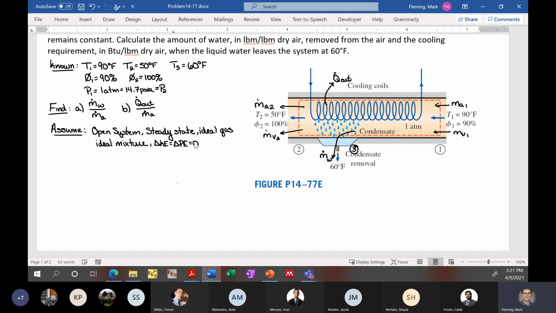And so we said we'll just neglect those changes, and we can lastly assume that this entire process was done at about 1 atmosphere, which means that we can take the psych chart and use that for this process. So we'll be able to reference that. And so once we have all of those assumptions down, we can go ahead and push forward into the analysis.